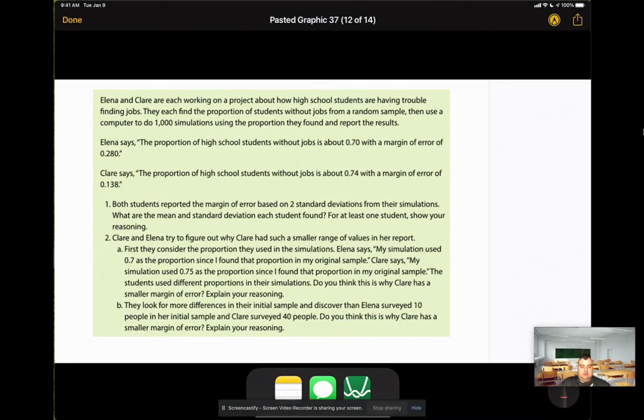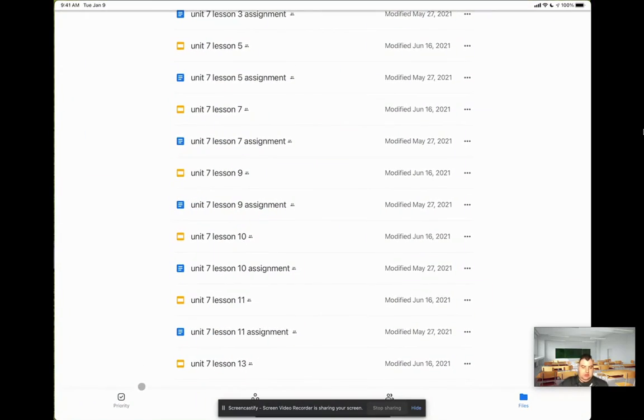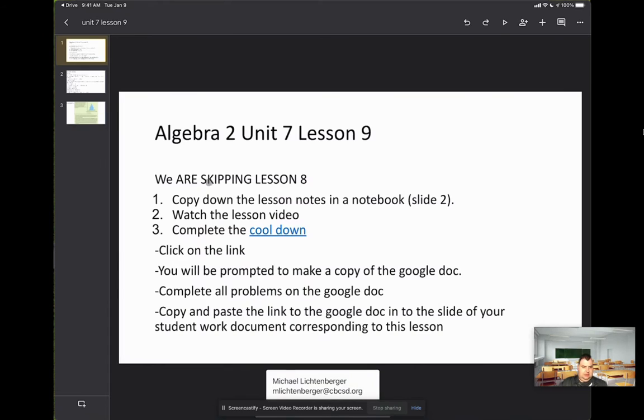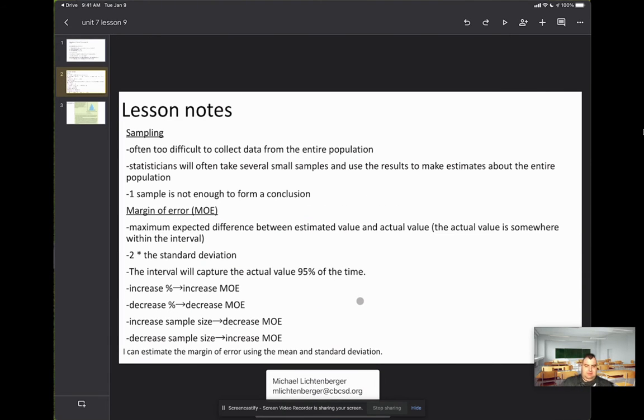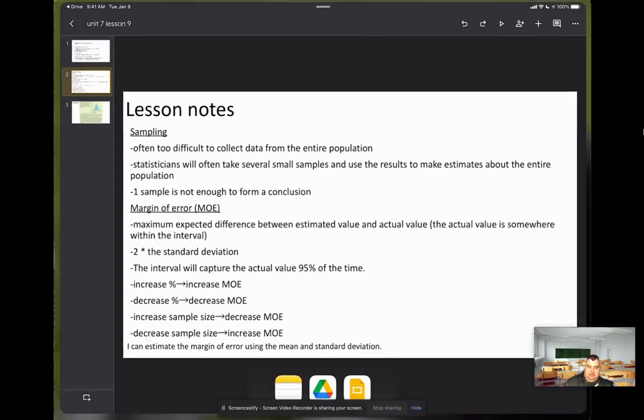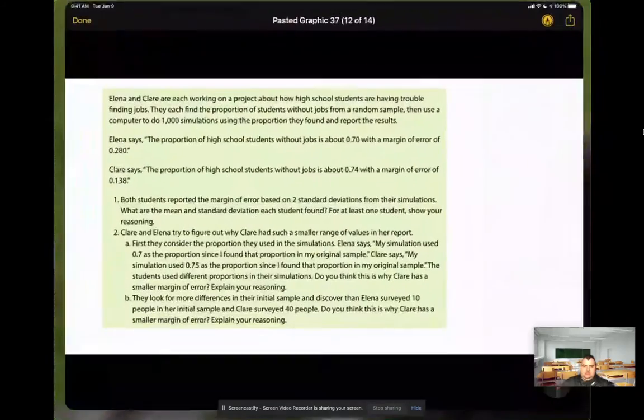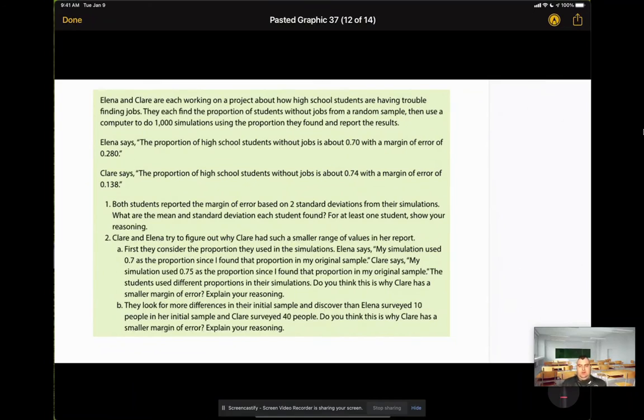Explain your reasoning. So what I want to do is call your attention back to lesson 9, I believe. Yep, in lesson 9, we talked about increasing or decreasing margin of error. In this case, margin of error has to do with the sample size. So it has nothing to do with the proportion.